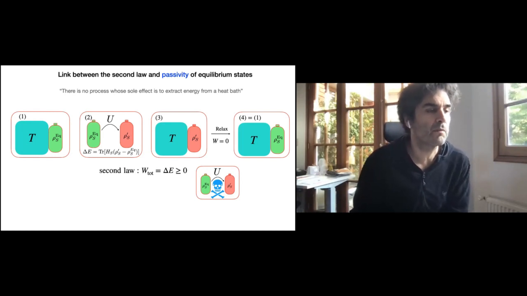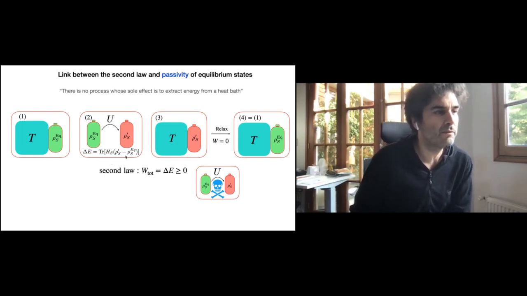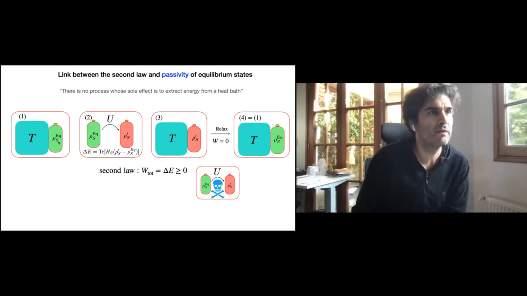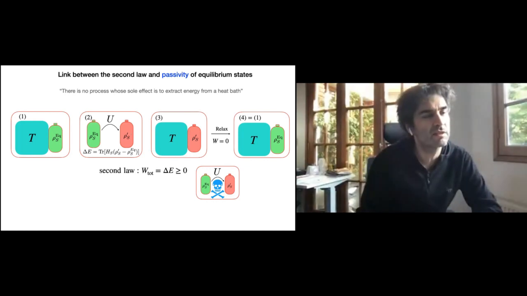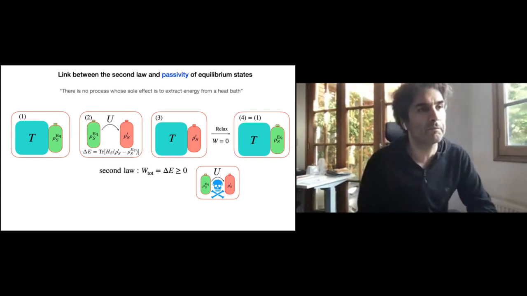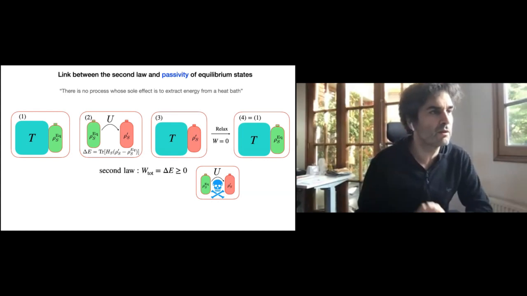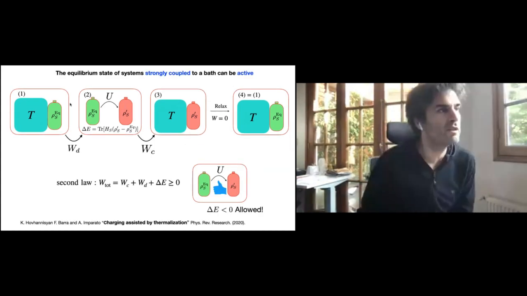Therefore, this is not useful as a battery, but the important point here is that we are in a weak coupling regime. Why? Because we didn't consider the energy cost of disconnecting the system from the bath or connecting the system to the bath. So this is a way to escape this condition, as I show in this picture here.